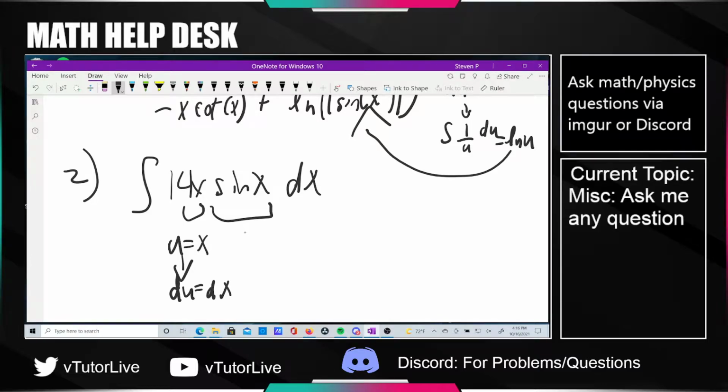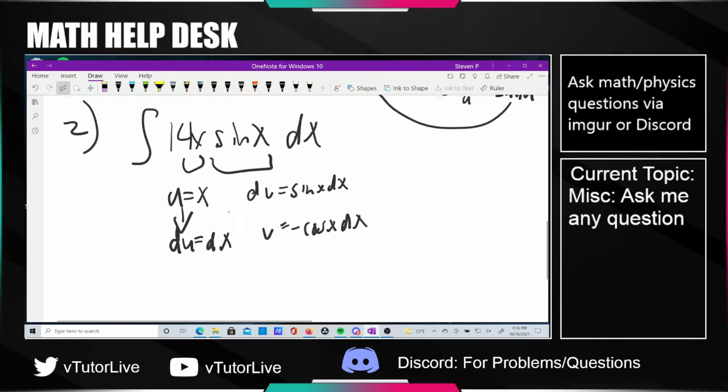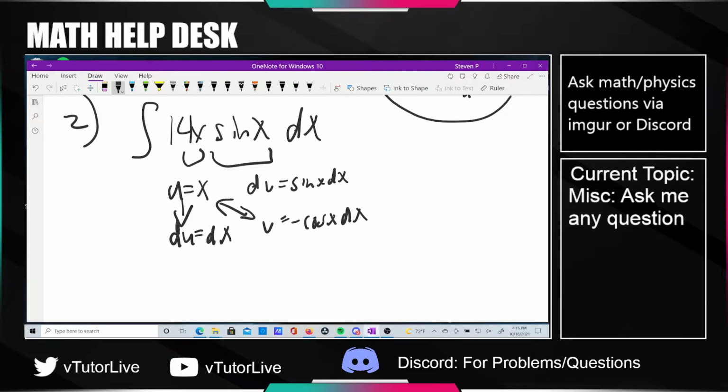It's bumping down the complexity because, if dv is equal to sine x dx, and v is equal to minus cosine of x, then when you do uv, that's these two things, not so bad, right? But when you do the integral of v du, well, look, the x is gone. The polynomial sort of lost some complexity. That's the theory of integration by parts, which is just the product rule in reverse, right?